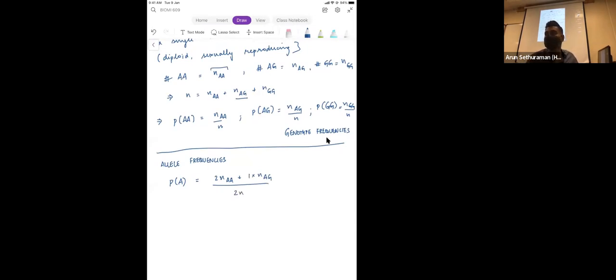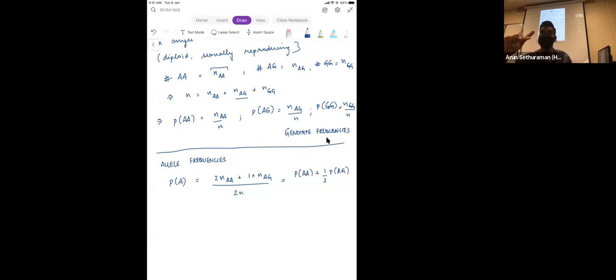This is the total number of alleles in this population given n diploid individuals. Now you can simplify this a little further. This is nothing but the probability of AA plus 1/2 the probability of AG. So in other words, if you have the genotype frequencies, you can easily estimate the allele frequencies.